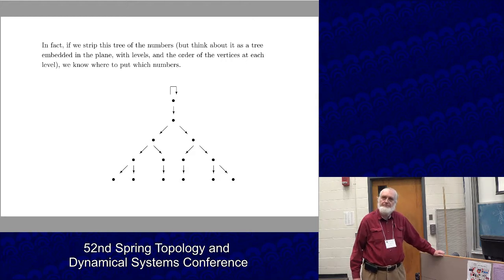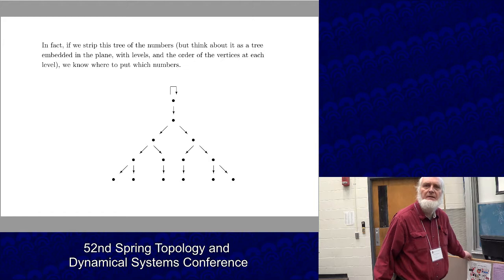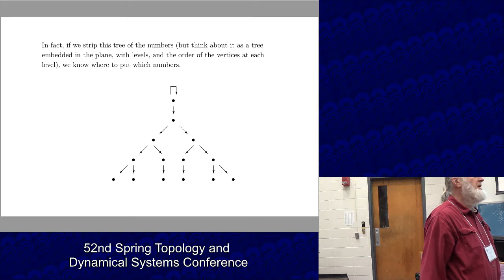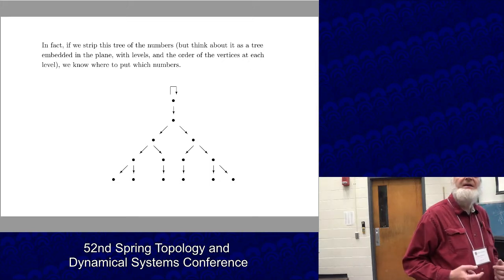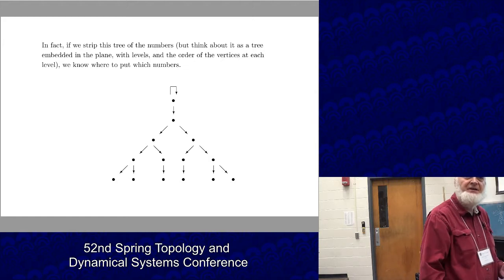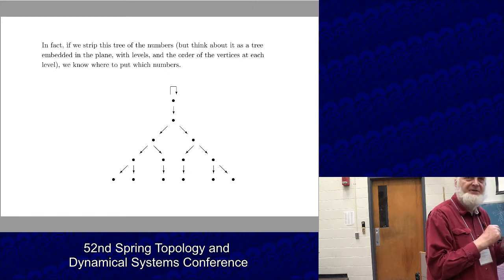How can a point on the attractor have two different itineraries? Formally, yes, because if it's a gluing point, it's on the divider, then it's both on the right and the left.